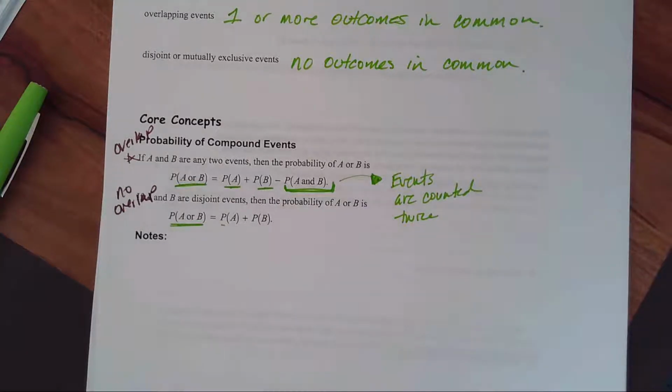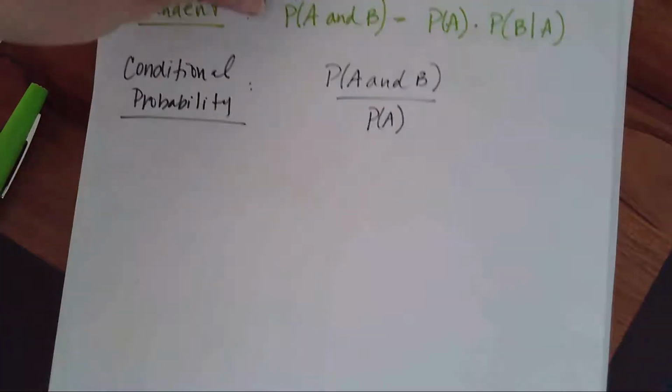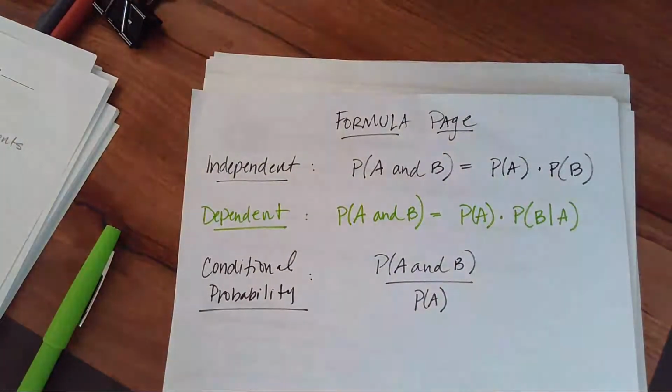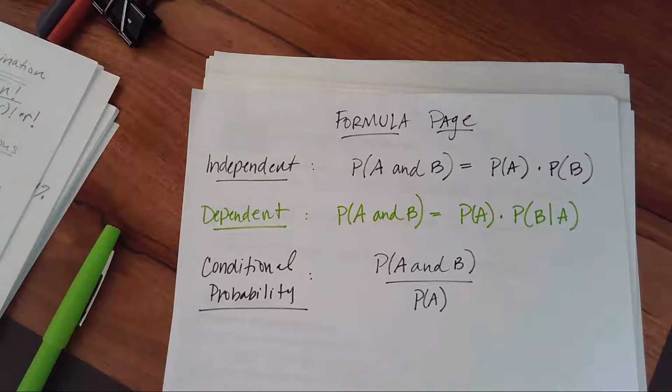Let's go ahead and add this to our formula page. If you've been doing a formula page, so far you should have our independent and our dependent formulas. Now we're going to add our compound events.